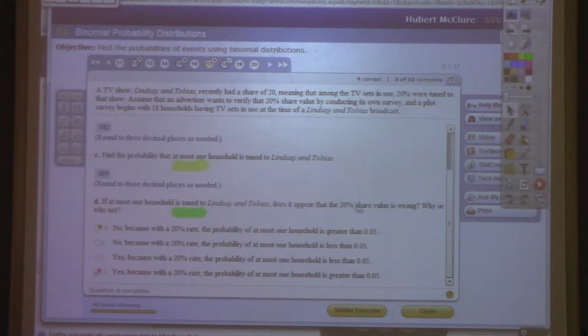But the way that it says, does it appear that the 20% share value is wrong? And in my opinion, the 20% share value is wrong. Now, if they use the word within, you see what I'm talking about? If they use the word within, then yes, it's okay. It's not wrong because yes, the 10% is within the 20%. But they don't use the word within. They say, is it wrong? So, use your own. I don't know about that question.